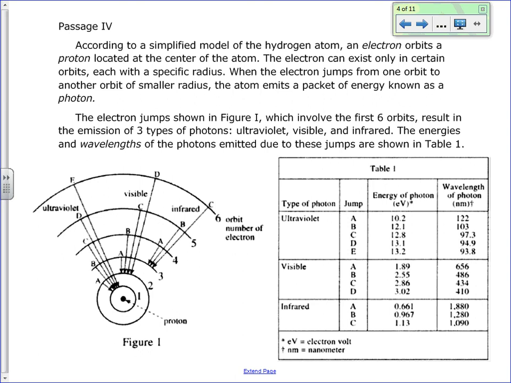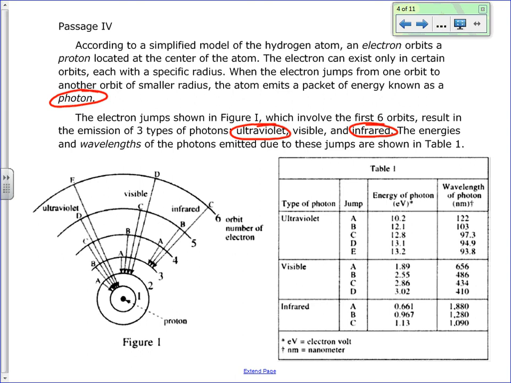Did anyone circle or highlight any of the words that we want to go through together? I circled ultraviolet, infrared, photon. Any other ones?